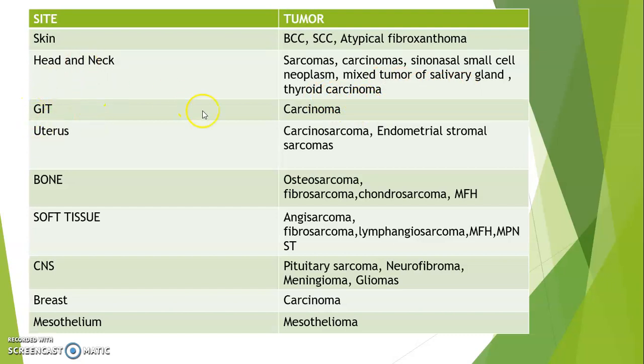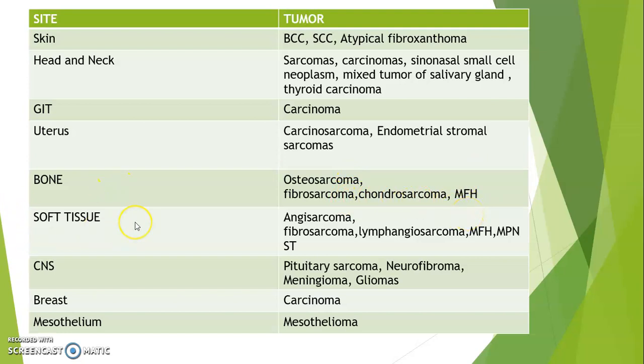In GIT, the tumors are carcinomas. In uterus, the radiation-associated tumors are carcinosarcoma and endometrial stromal sarcomas. Radiation-associated tumors of bone are osteosarcoma, fibrosarcoma, chondrosarcomas, and MFH.